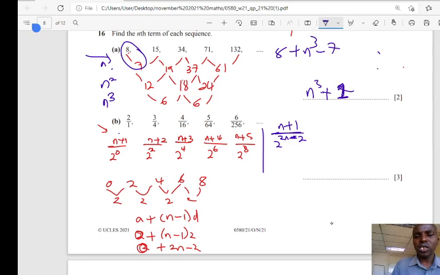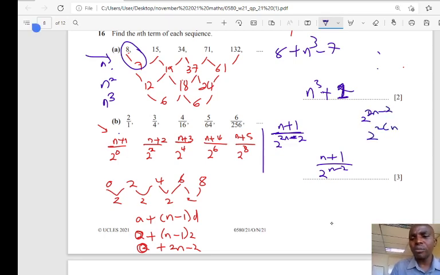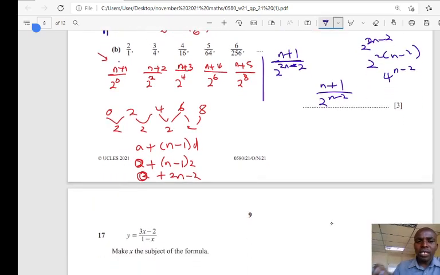You can simplify the denominator, because if it's 2 to the power 2n minus 2, you can factor out: 2 squared is 4, to the power n minus 1. Still, it will work. Right, that one is done.